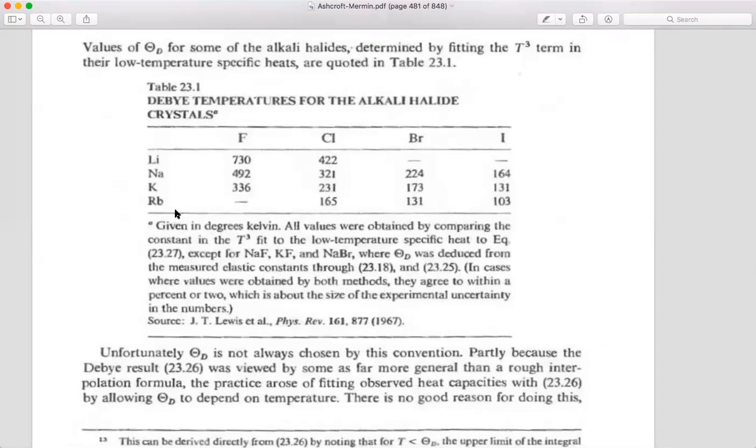Yeah, so this table gives Debye temperatures for some alkali halide compounds. So a few hundred Kelvin. Okay, these are given in Kelvin. Now alkali halides are, of course, they have strong ionic bond.